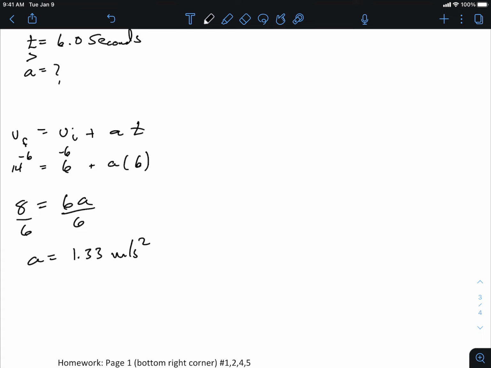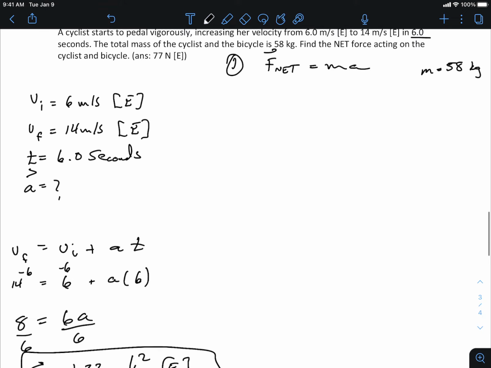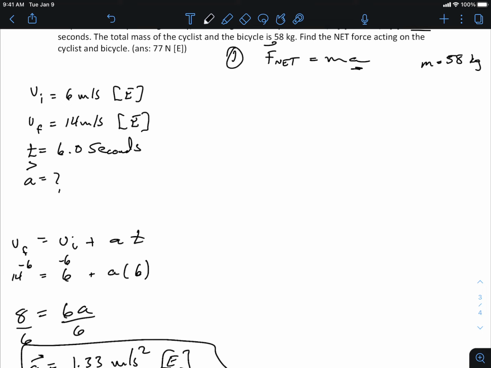And that's going to be in the eastward direction, just to keep things consistent. And then now what? Well, we can take that answer that we just found. It's the same acceleration. We just want to know what force the cyclist is applying to the bicycle in order to allow for this acceleration to occur.